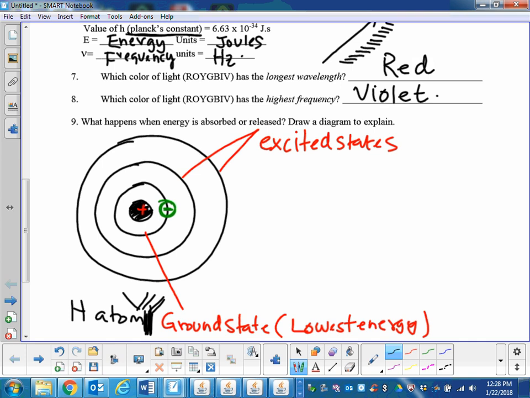Does it absorb the energy? Yes or no? Heat energy gets transmitted, so what will this electron do? It will kind of absorb this energy. Does that make sense? Once it absorbs the heat energy, what will the electron do? It will move from the ground state to the excited state. It absorbs the heat energy and moves.